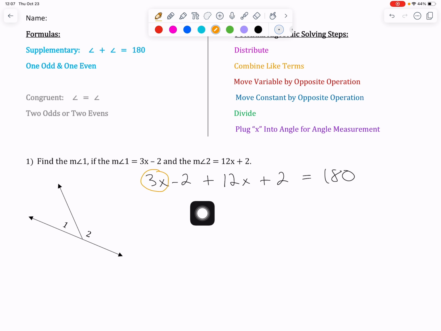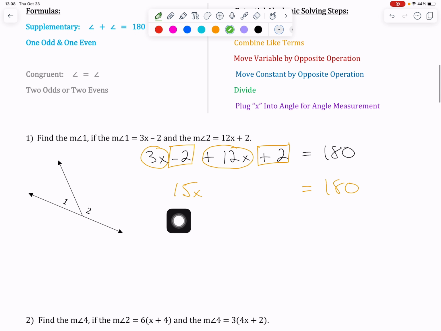Our 3x, what can we combine it with? Great job, 12x, and 3x plus 12x gives us 15x. Our negative 2, we can combine with a plus 2, but if I owed the bank $2 and I paid them back 2 without any interest, I do not owe them anything. We don't even have to put that, so let's do equals 180.